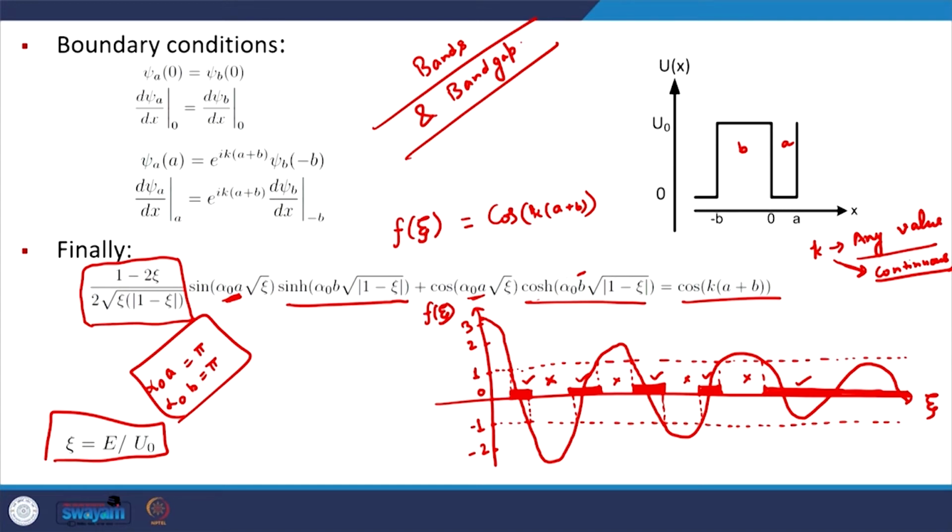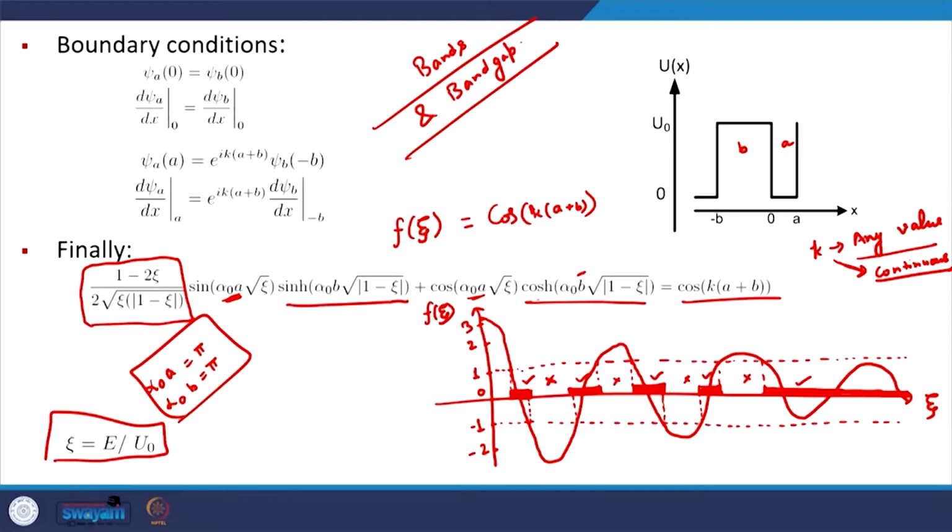Okay, so that is actually the advantage of understanding the Kp model. It very clearly explains how the notion of bands and band gaps arises in solids. Okay. So, with this understanding, we will go a little bit deeper now in order to understand how the electron actually behaves in solids. There are a few other points.